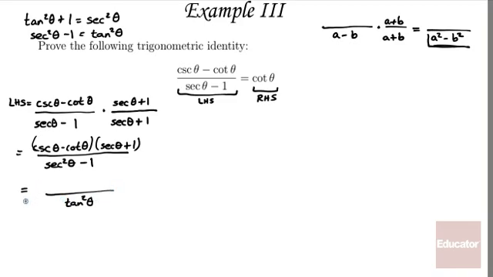I think now I'm going to translate everything into sines and cosines because those will be easier to understand than cosecants and cotangents. So cosecant, remember, is 1 over sine theta, minus cotangent, which is cosine theta over sine theta. Secant theta plus 1, well, secant theta is 1 over cosine theta.